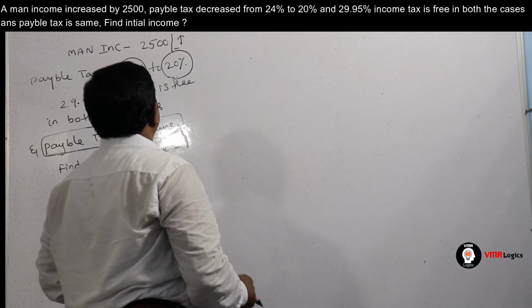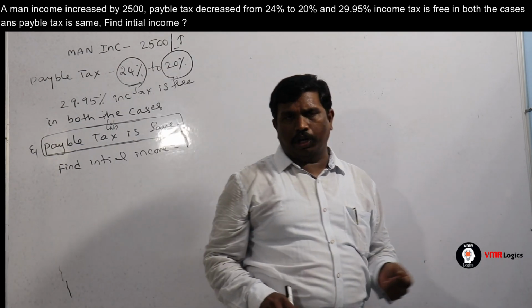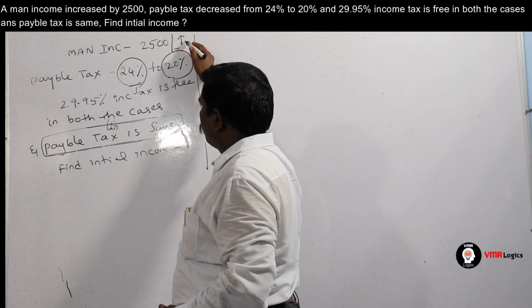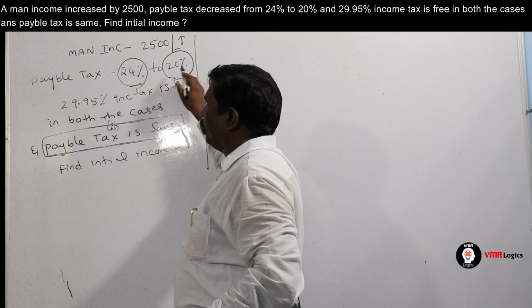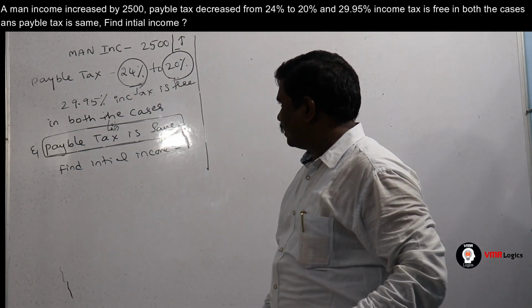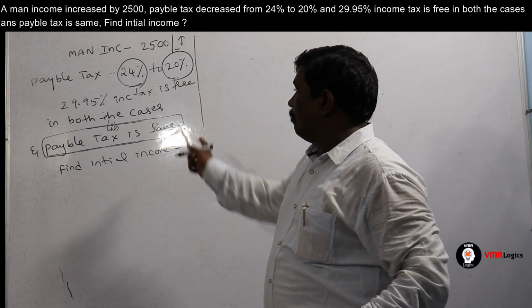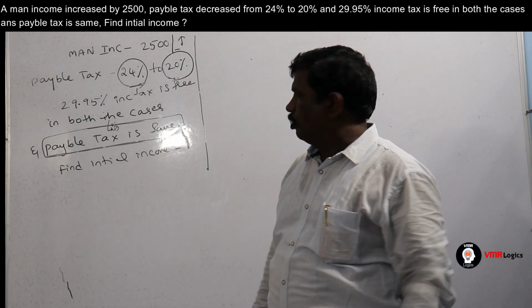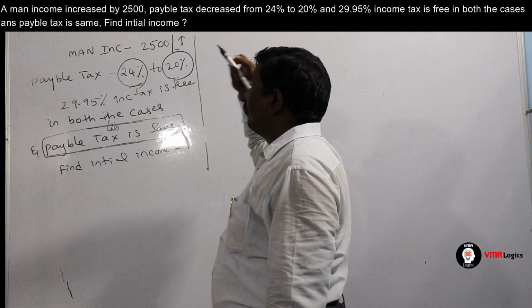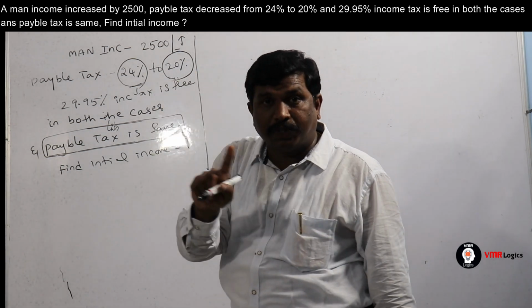Okay, now look. Generally we saw: the man's income increased by 2,500 rupees, payable tax went from 24 to 20%, and 29.95% of income is tax free in both cases. The payable tax is the same in both cases. Find the initial income, right? Now look. Generally, guys, you are paying tax only on the part beyond the 29.95% that is tax free.